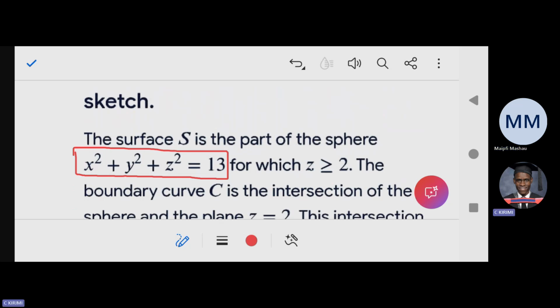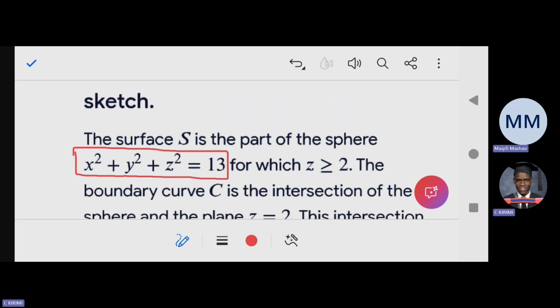Now, for a 2D shape, it ends with x squared plus y squared is equal to r squared. But this one is now in 3 dimensions. X squared plus y squared plus z squared is equal to 13, which is your r squared. Does it mean that when a circle is in 3D, it automatically becomes a sphere? Yes, that's correct. Okay.